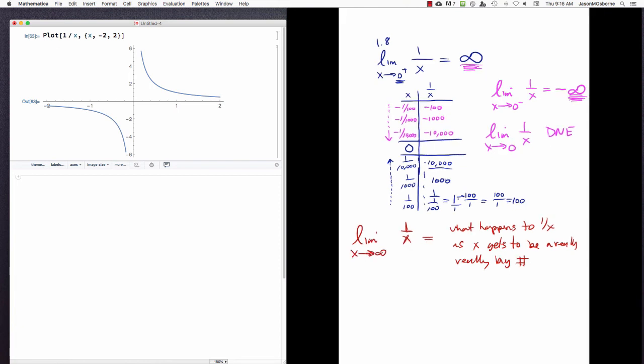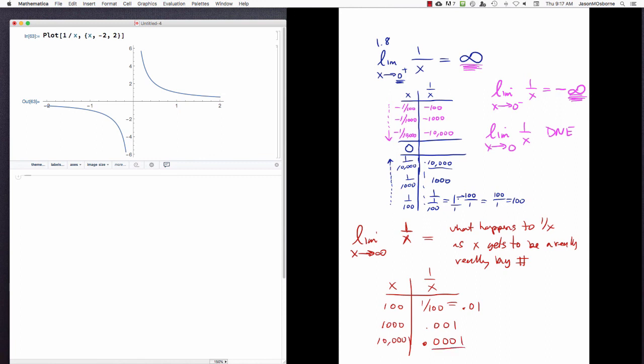And you can compute a table of values again for this function, 1 over x. As x goes to infinity, that's numbers like 100, 1,000, 10,000, and you just keep going. You get 1 over 100, which is 0.01, 1 over 1,000, 0.001, and then 0.00001, something like that.